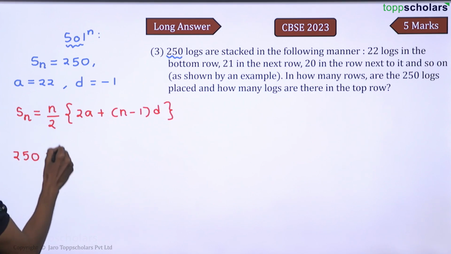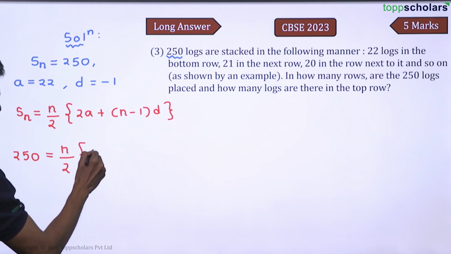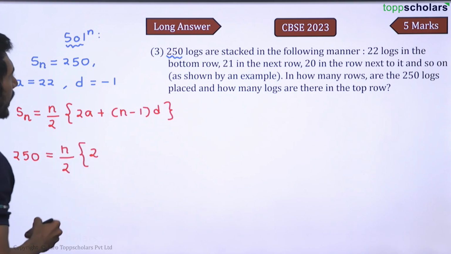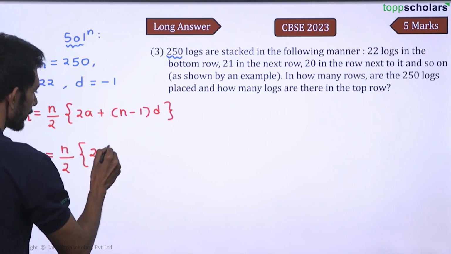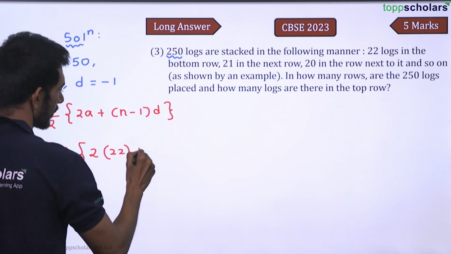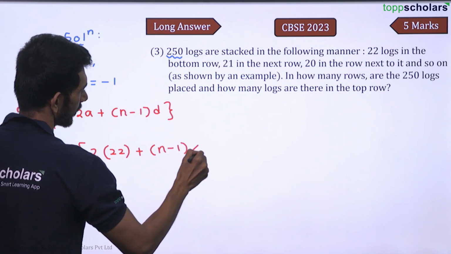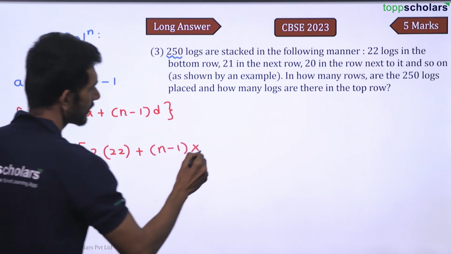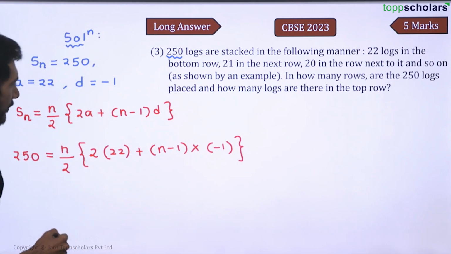So 250 is equal to n by 2 into 2 into a, so 2 into a is 22, plus n minus 1 into d. How much is d? d is -1.